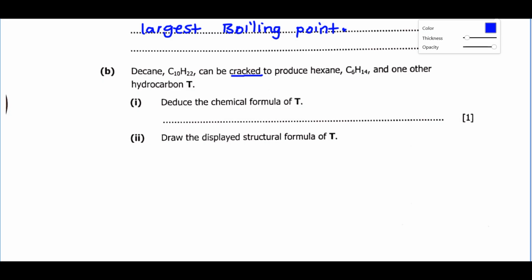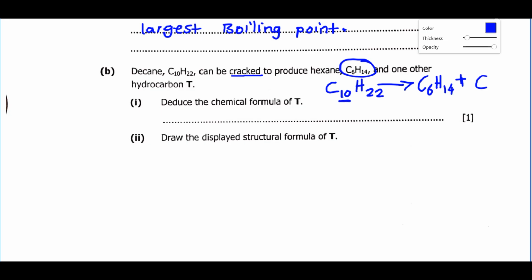So what do we mean? We need to do this. So we have C10H22, I'm going to consider this one as my reactant, breaks to produce the first one, which is C6H14. Now since we are told only 2 products were produced, so what are we supposed to do? I'm going to write carbon. So how many carbons are we going to expect in the other product? You just have to look at the number of carbons on the left side.